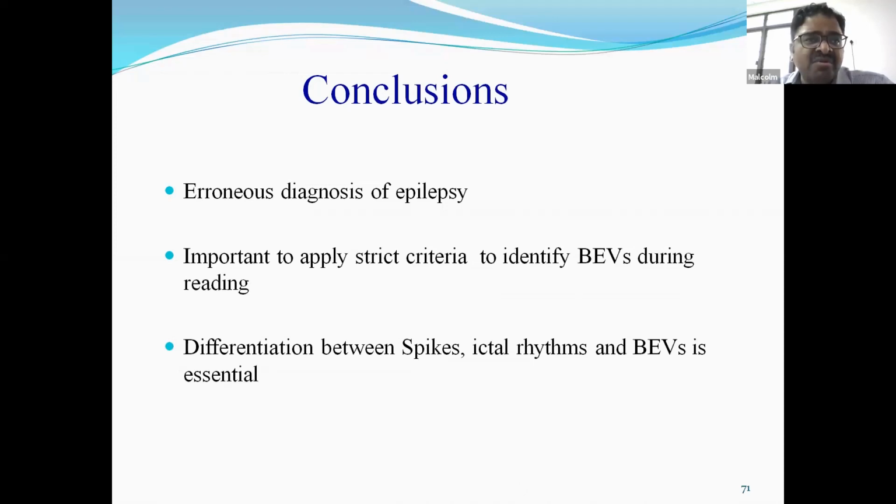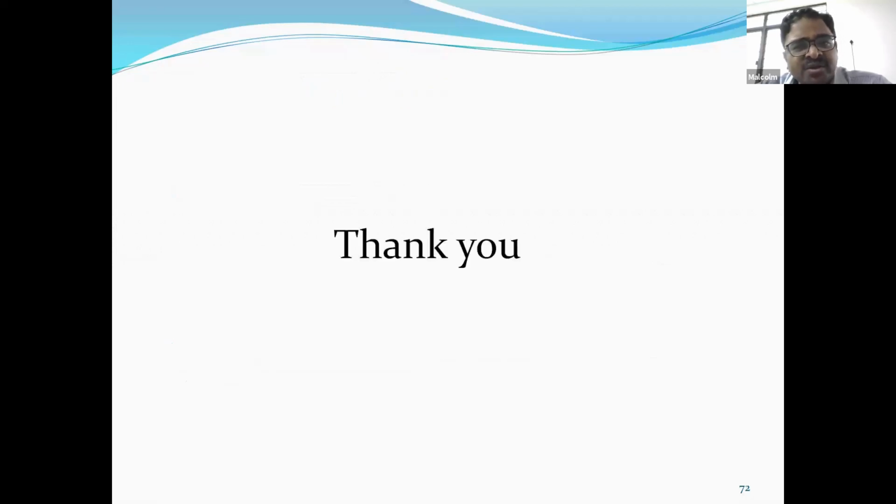As a rule of thumb, I will always say the crucial area is the wakefulness to sleep transition. And if you are really confused whether it's a benign epileptiform variant or a true spike, allow the sleep to continue. That is the best time to differentiate between a benign epileptiform variant versus a true spike. If you take home this message, I would be very much pleased. And thank you very much for the opportunity, sir.